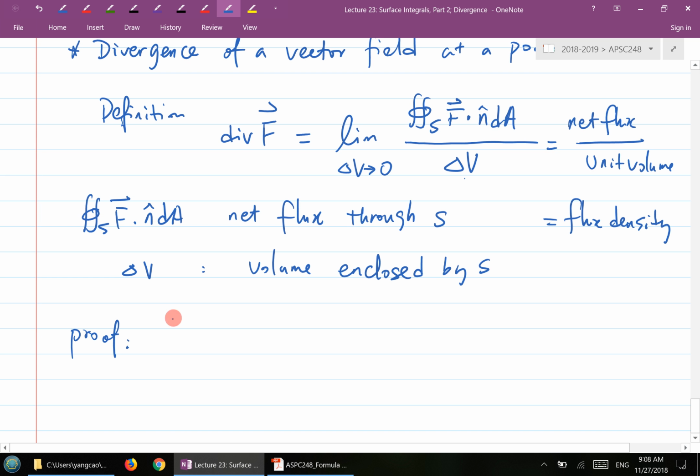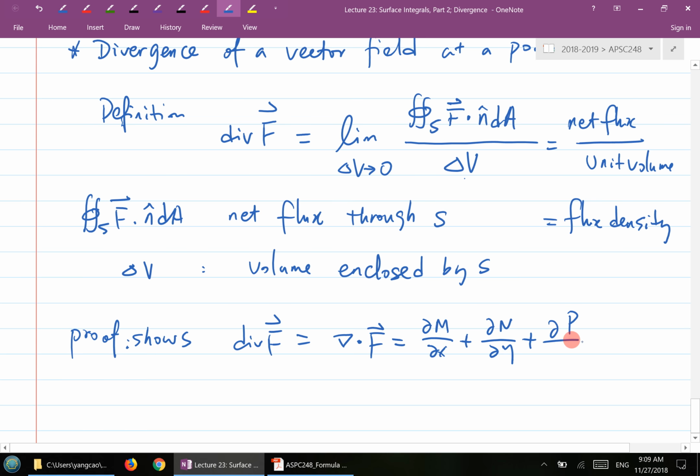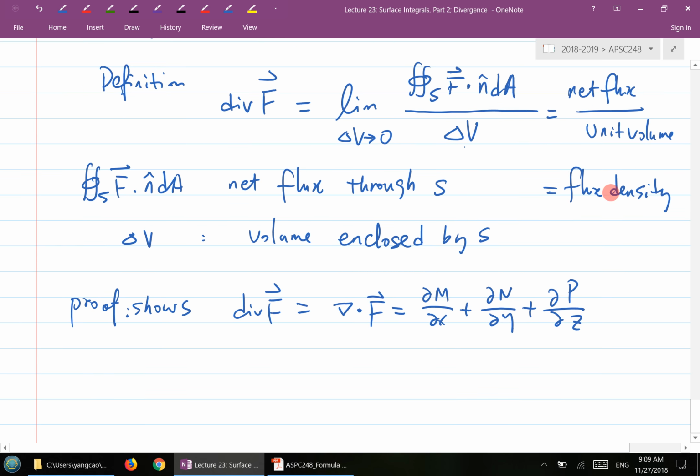So we can prove that the div F here turns out to be just a very simple expression. It's called the del dot F, which equals this one here.